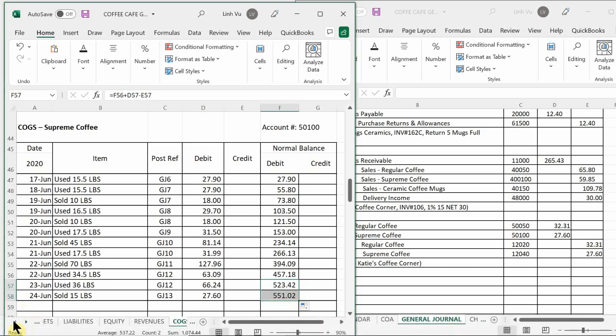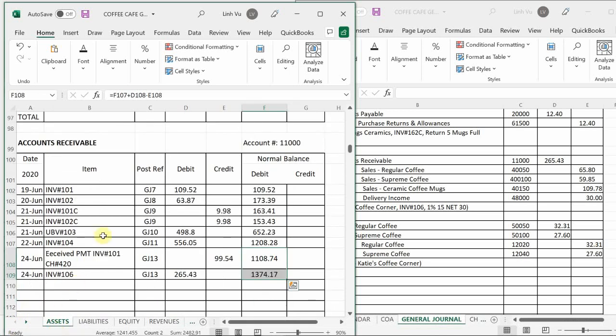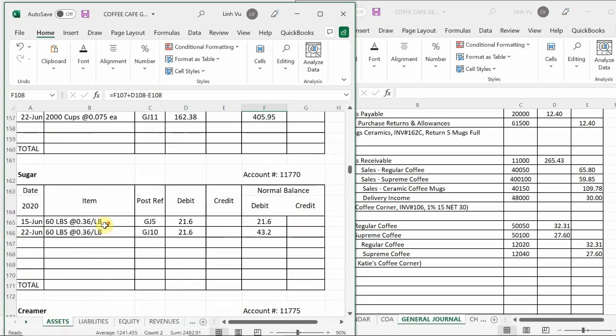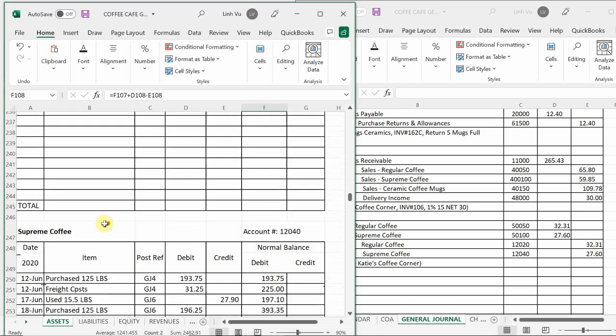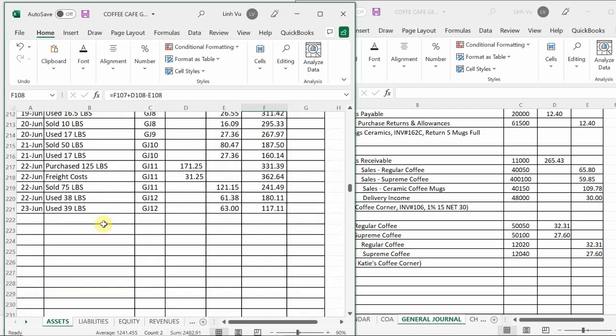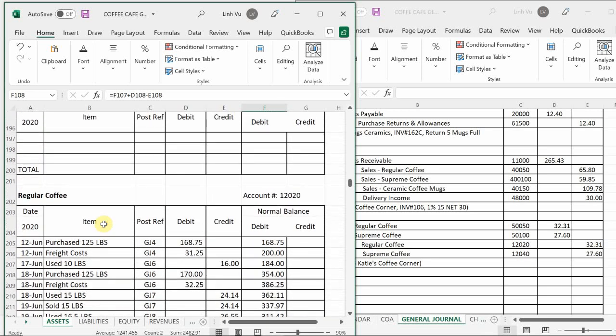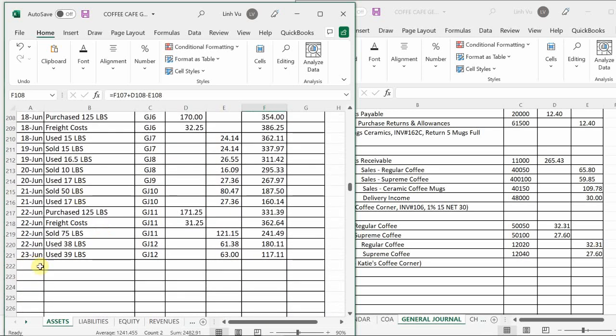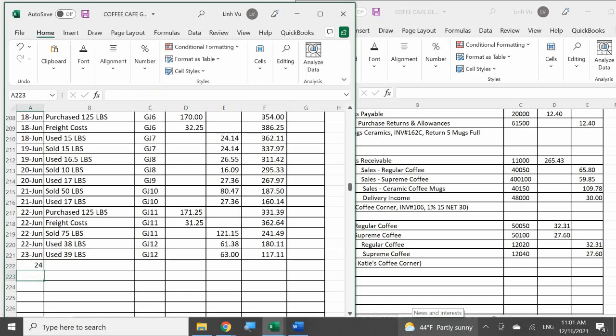Last but not least, we need to update our inventory. Here we are, regular coffee.